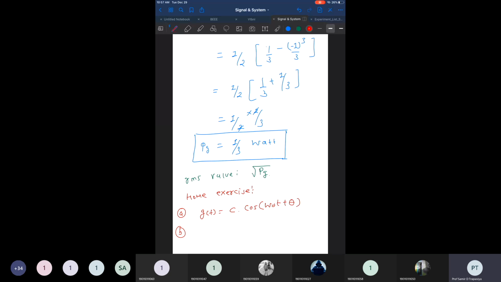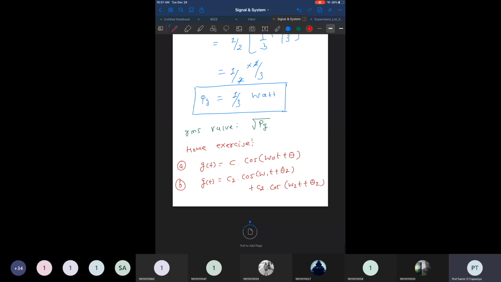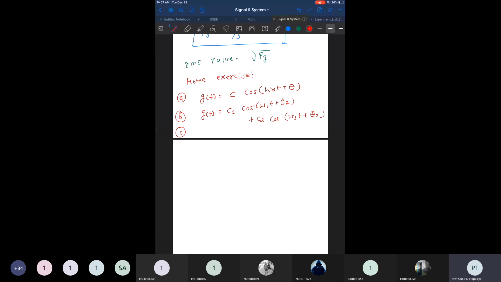B is where the signal g of t is equal to c1 cos omega 1 t plus theta 1 plus c2 cos omega 2 t plus theta 2. This one is your second example, right? And the third example is g of t is equal to d times e raised to j omega 0 t. So there are three examples, and you have to solve them as your home exercise.